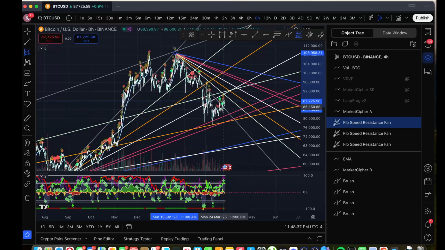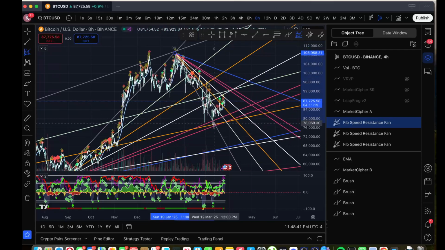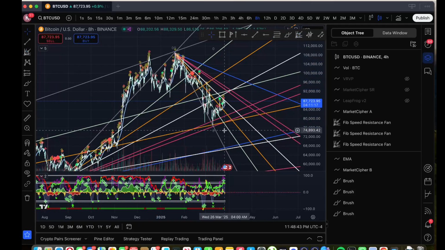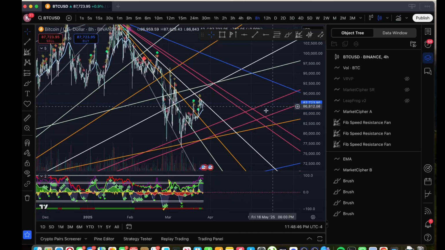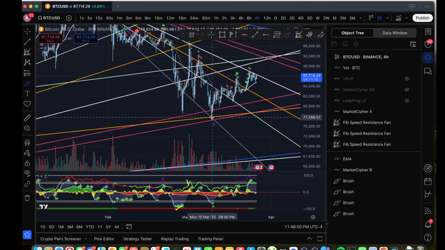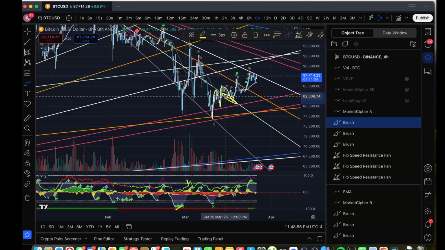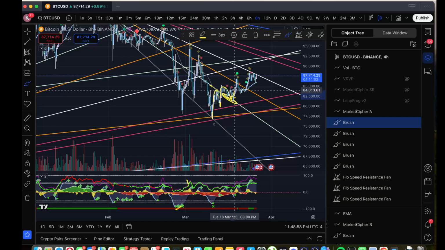And then since we're coming up to the upside now, you can actually take a fan from this high over here to this low over here, and then again you can see where we found resistance. We came up over here, had a rejection down, came above it, had that as support. So we glided down on this line, broke past it.